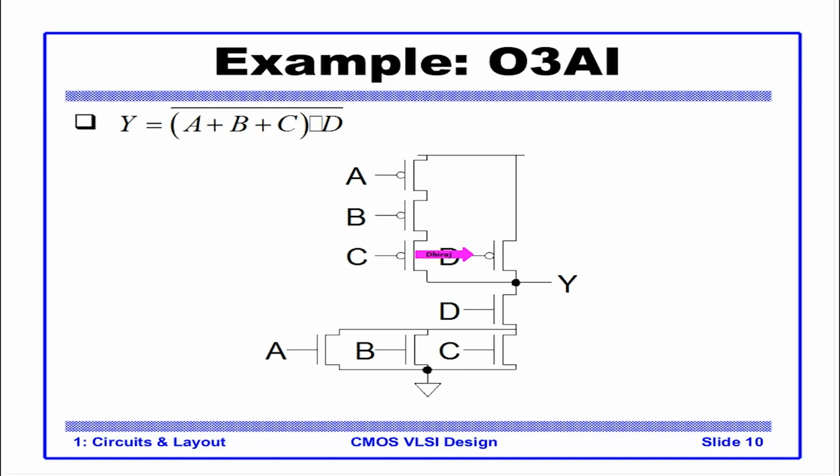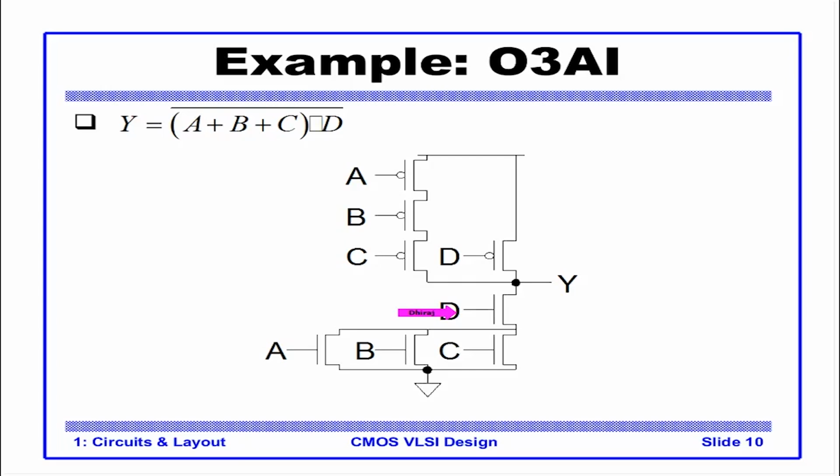We could also apply inputs at each of A, B, and C to see if it really satisfies Y. So let's say D is 1. D being 1 means this NMOS is functional.